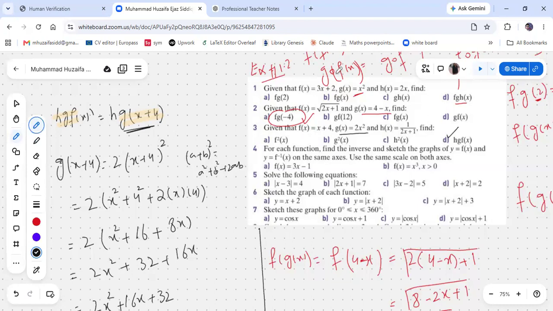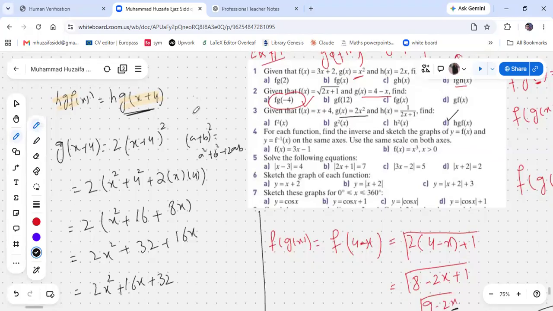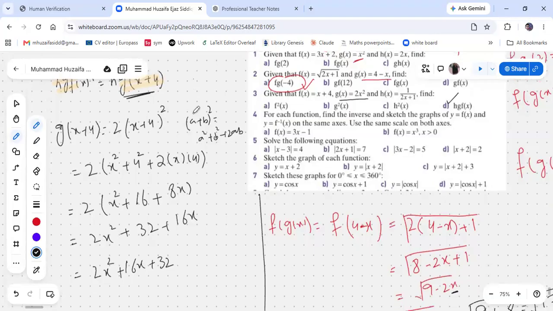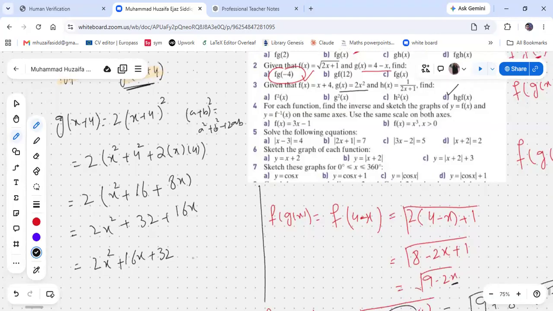So our h function is equal to 1 over 2 of x plus 1. Here I'm just writing it. So h is equal to 1 over 2 of x plus 1.